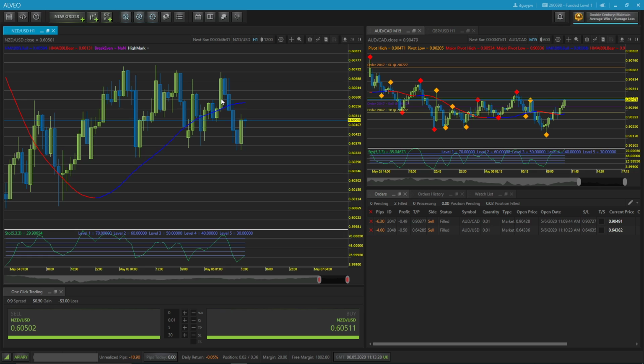We have a blue HMA, and our stochastic is below 50, which would normally be a buy signal, but because we're below the HMA, I would need a green bar and something to tell me that it's actually going to go up and not back down.